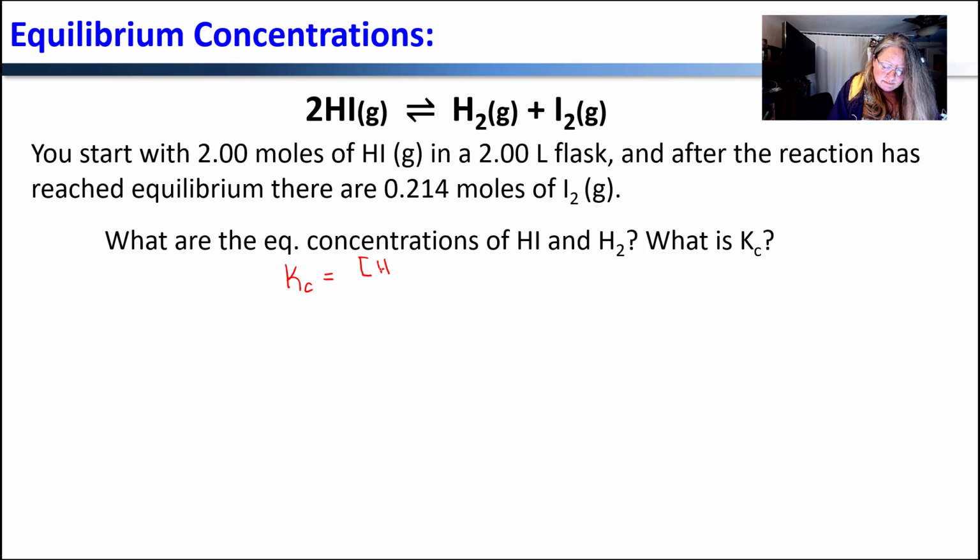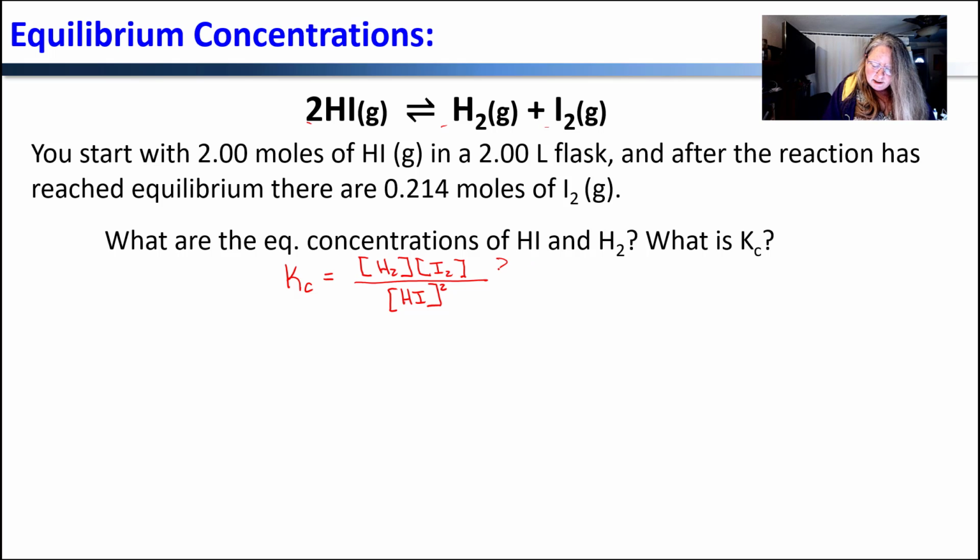So here is my H2 gas. There's a 1 coefficient in front of it in the I2, so it is raised to the 1, if you will, divided by the concentration of HI. And this quantity will be squared because of the 2 coefficient in front of that.